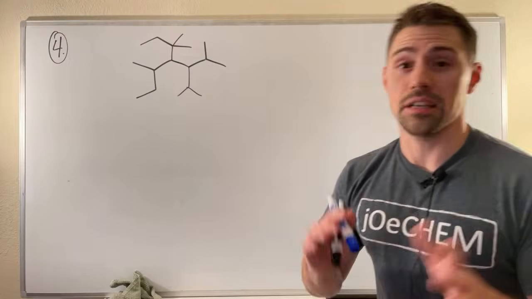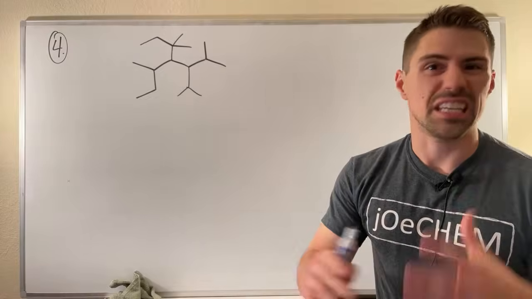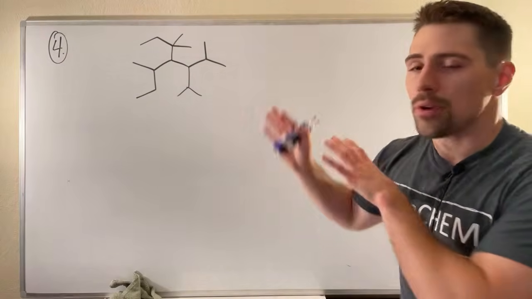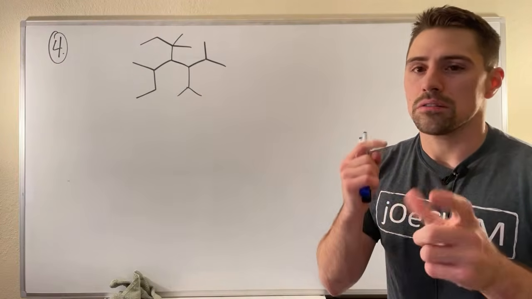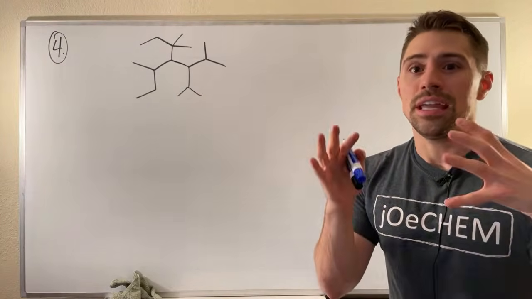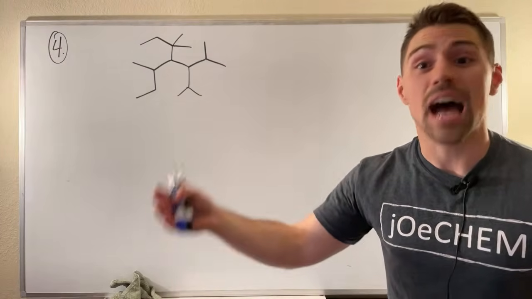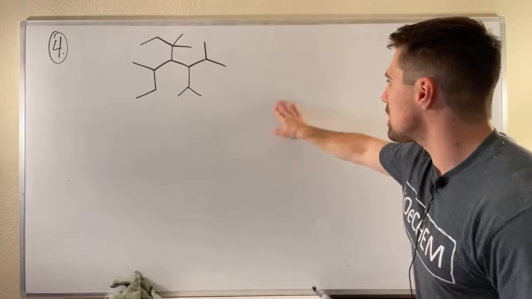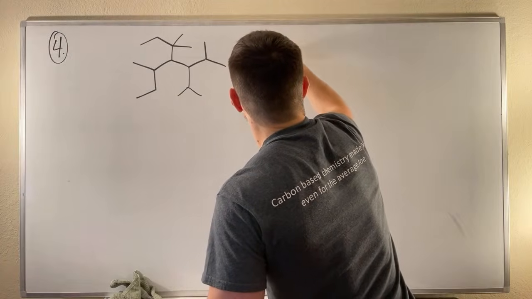What I usually find, and this could maybe just be my experience with seeing exams from the University of Pittsburgh, these naming problems on exams are usually pretty simple, but they usually hone in on, can you identify the parent chain when there are chain length ties and branching at different positions. So when we look at this, remember our first priority is we need to find the parent chain.